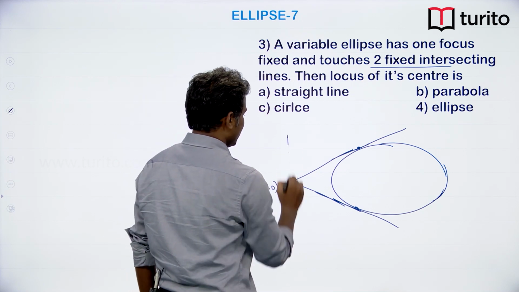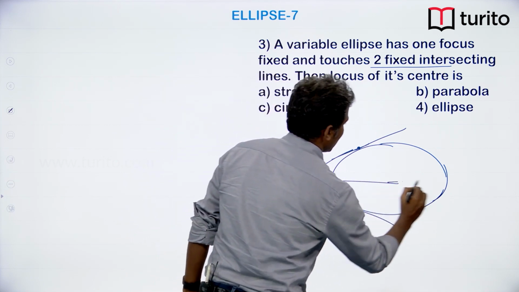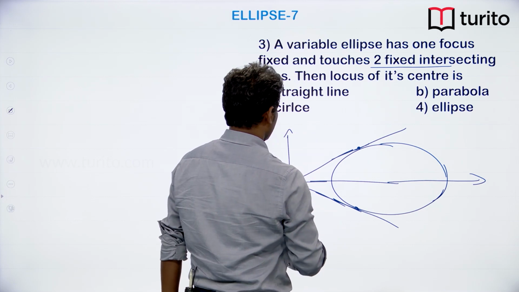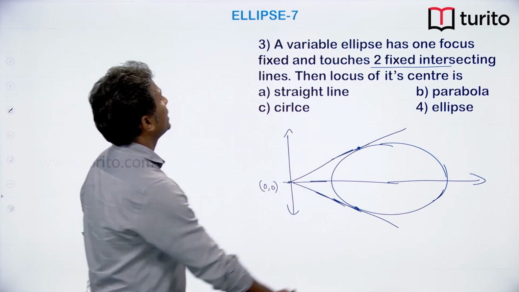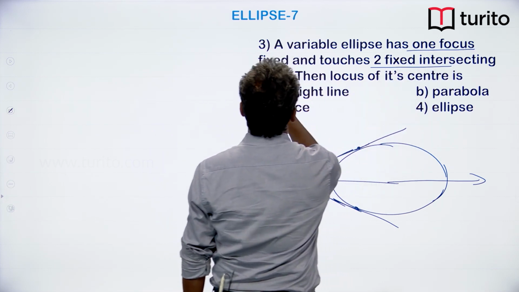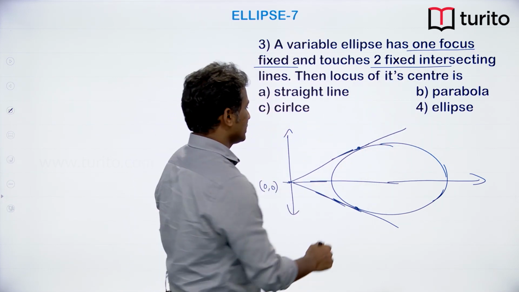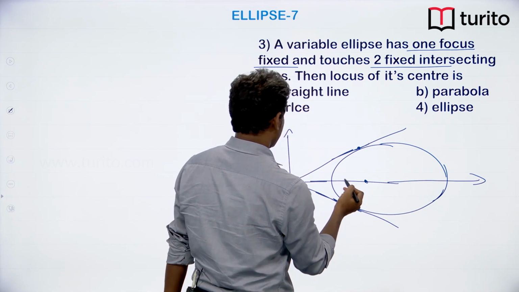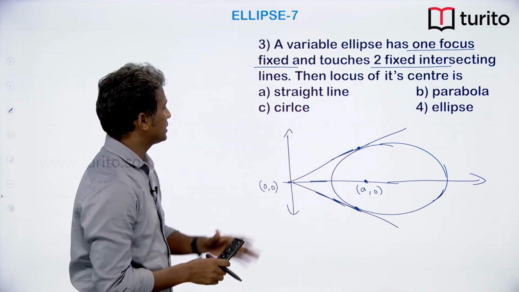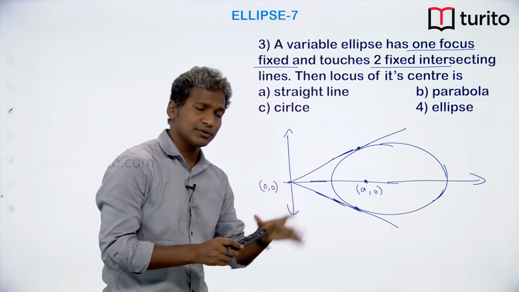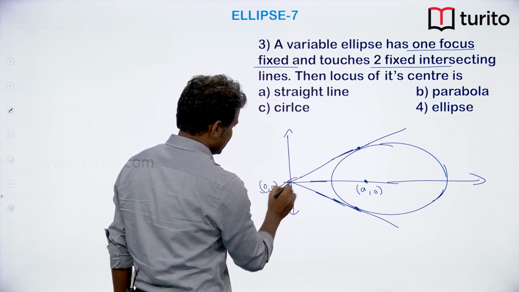I have taken this as the origin and taken the x axis here, and one focus is to be fixed. So let me take the focus as, let us say, (a, 0). This is my focus and these are my lines. Lines are also fixed, these are intersecting lines.